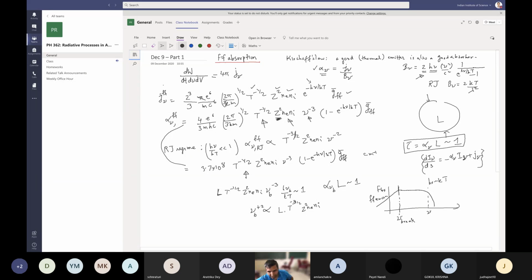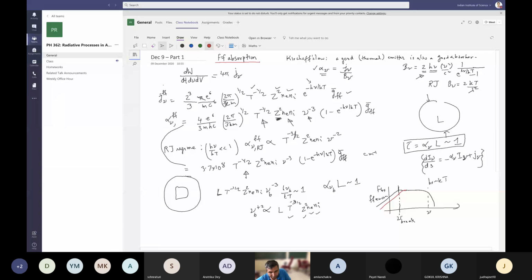What it means is that if I have a larger column, a bigger size of the plasma, my break frequency is at higher frequency. If everything else is the same, ne, ni, Z, and T, and I have a bigger volume, then my break frequency goes to a larger value, like L to the 1/2. So this is the effect of making the size of the emission bigger.